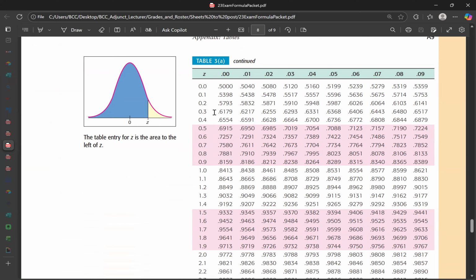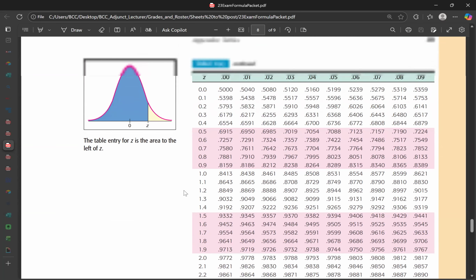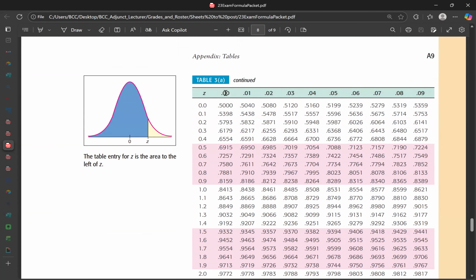All my Z's are right here underneath where it says Z. They go out to the tenths place, so I'm looking for 2.7. At the top of the page is where I find my hundredths place. The number in the hundredths place of 2.70 is the zero itself, so it's going to be just this first column going down.